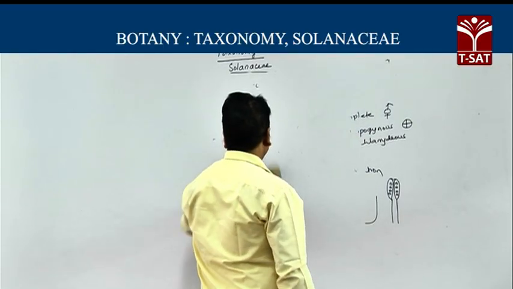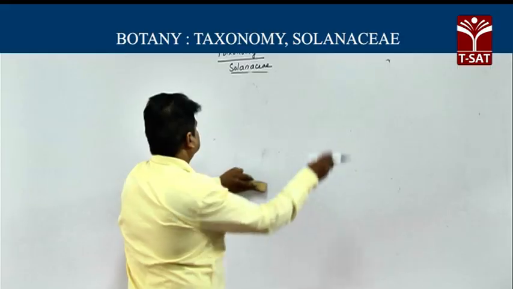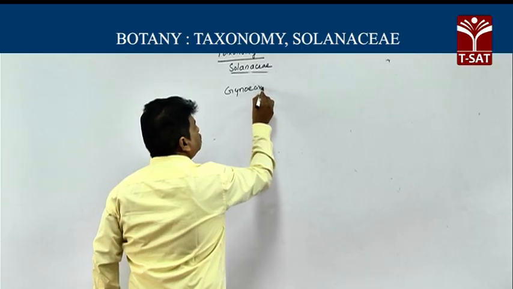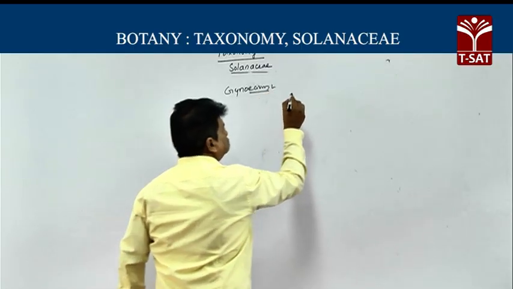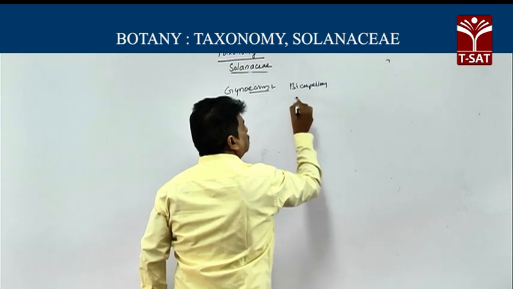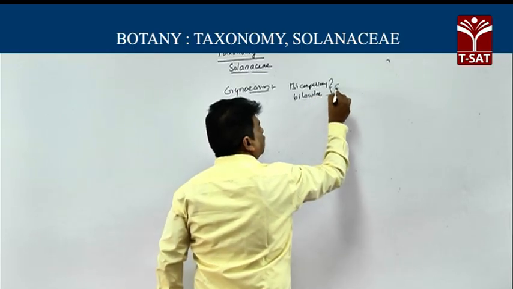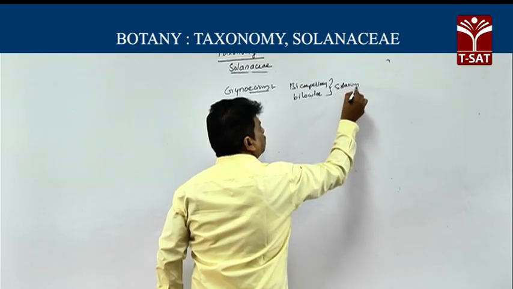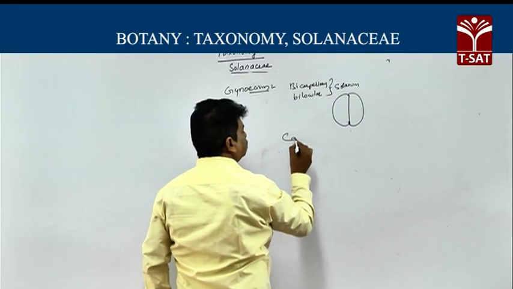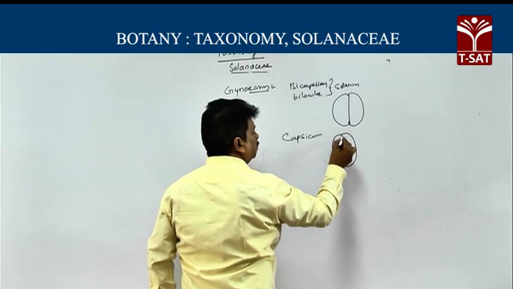Next one, gynoecium. Gynoecium shows maximum variation in Solanaceae. Actually, gynoecium is bicarpellary. Generally in Solanum, bicarpellary bilocular. Then Capsicum, bicarpellary unilocular.